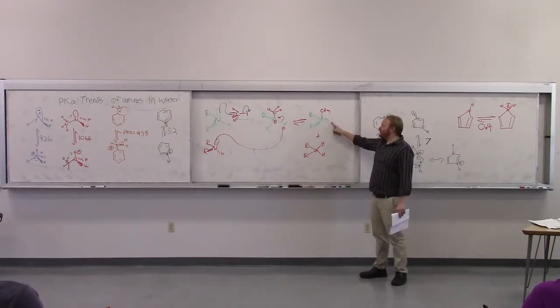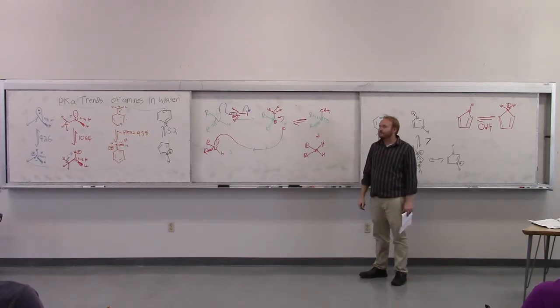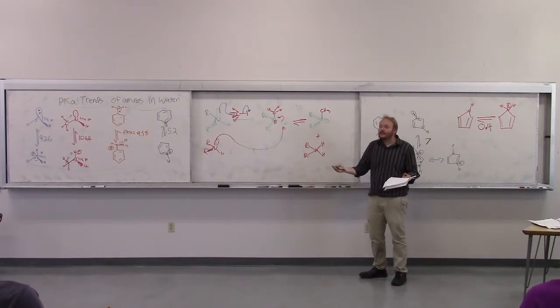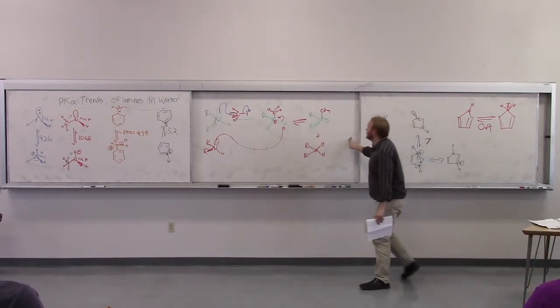So if this forms, what can this do that can throw a wrench in this perfectly good reaction? It can alkylate again. And it will.